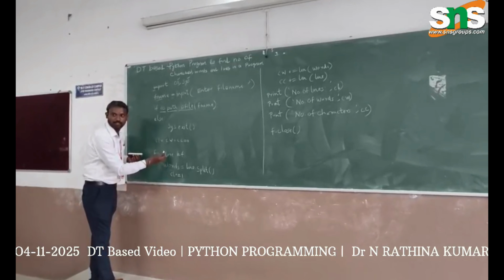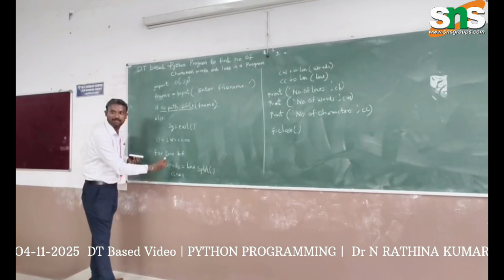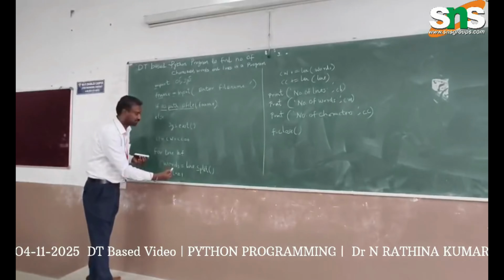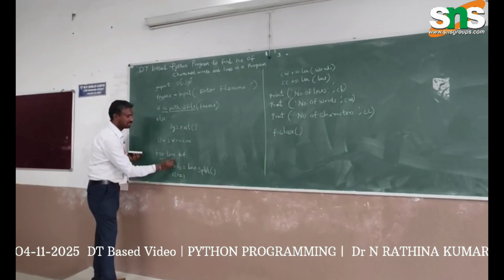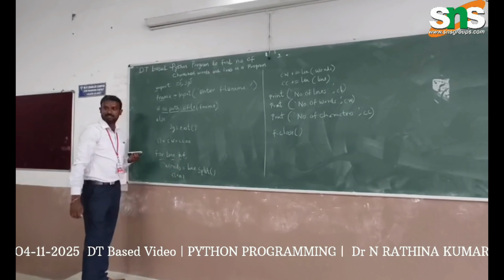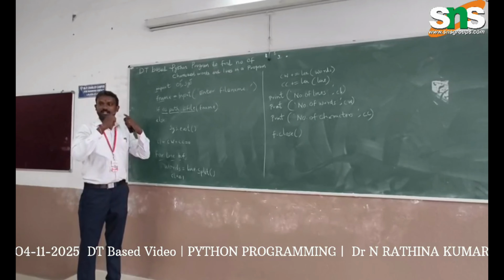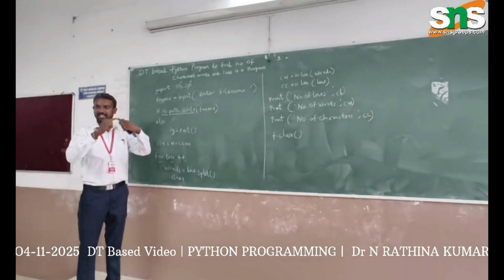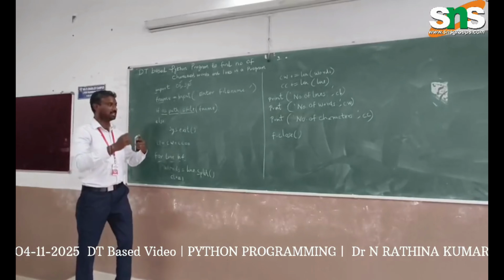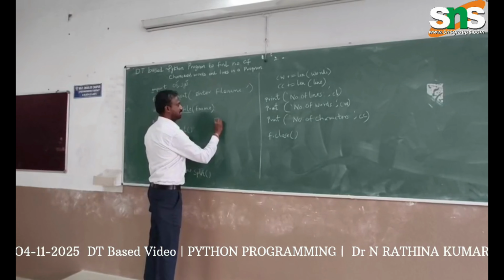Here we do all the processing inside the looping function. For example, for line in f, which means we open the file and check every line. Suppose the file contains 3 lines.